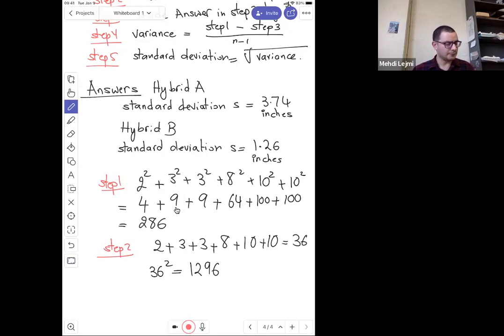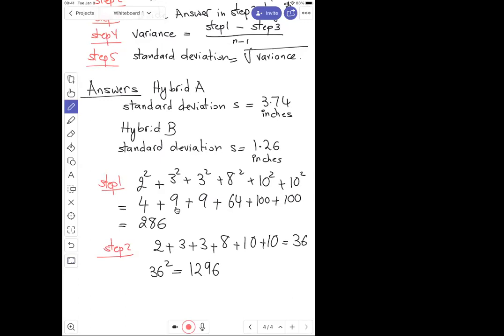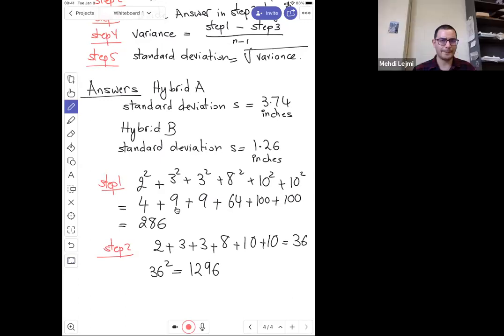And then step 3, we are supposed to divide our answer in step 2 by the size of the sample. So we have 6 flowers. So we are supposed to divide the 1296 by 6.